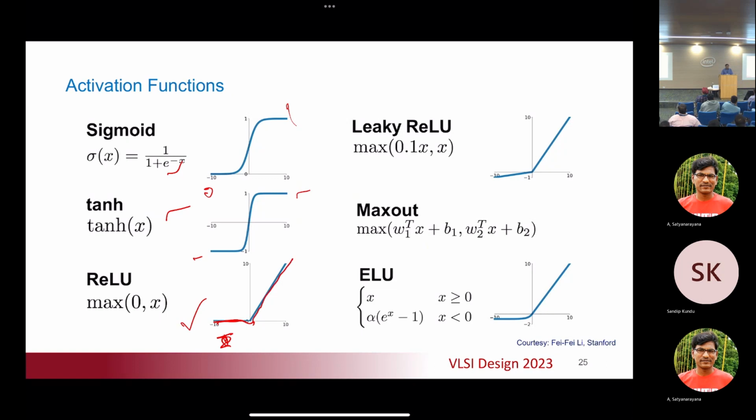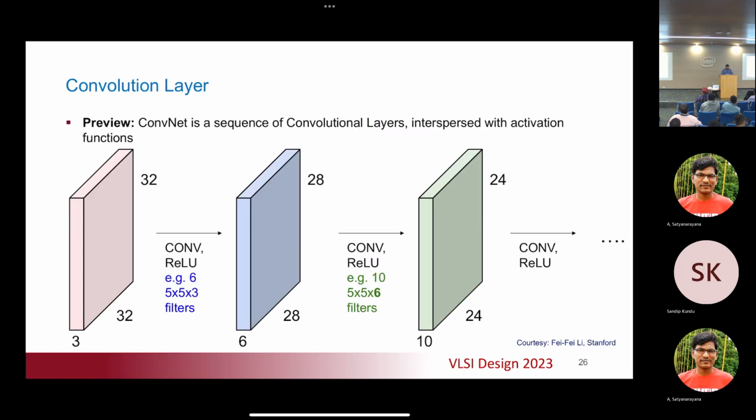That's your rectified linear unit. This is the nonlinear function which is applied. It is the most commonly used function today in at least computer vision. But there are other functions that people have used or continue to use.